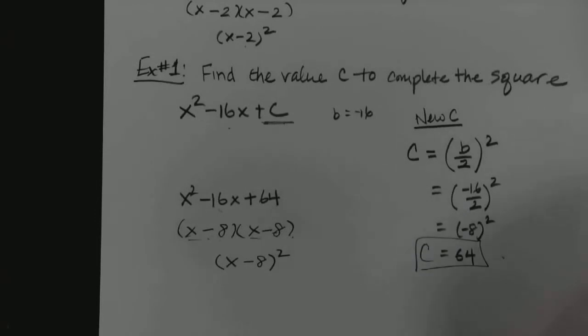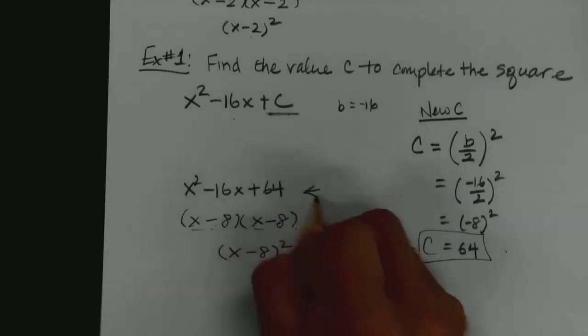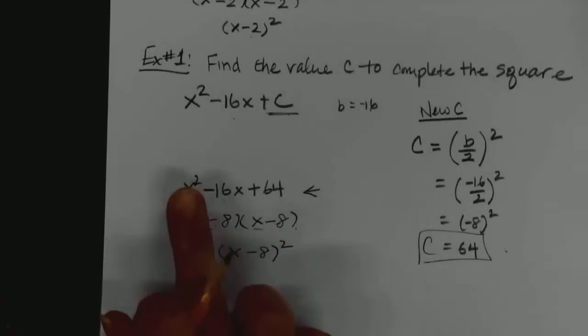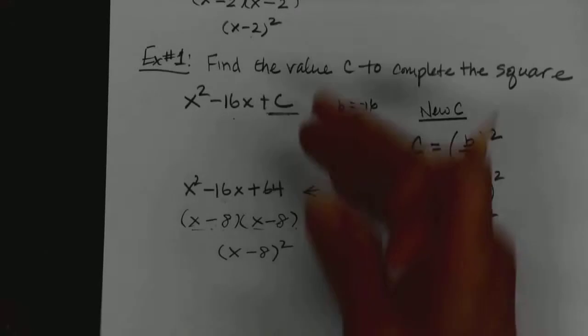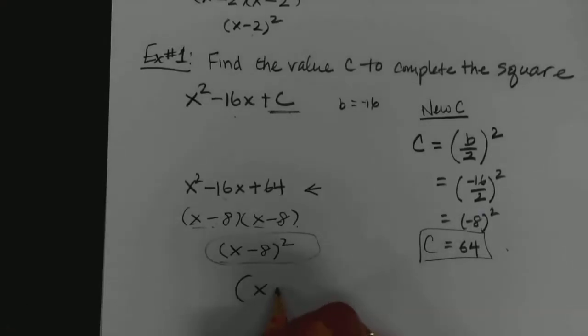Okay? So now here's the new information. You ready? When you have a perfect square trinomial and I ask you to factor, this right here comes from this. Ready? It's x plus, and it always has to be a quantity squared.